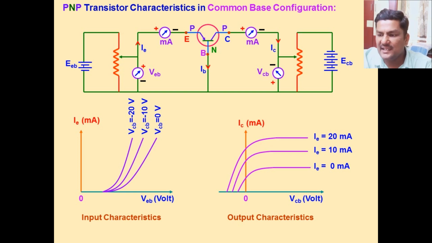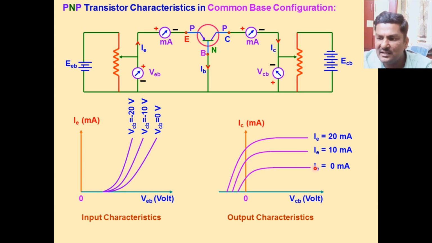In the second case, when IE is kept at 10 milliampere, the same procedure is repeated, and for different values of VCB the different values of IC can be noted, giving a graph like this.